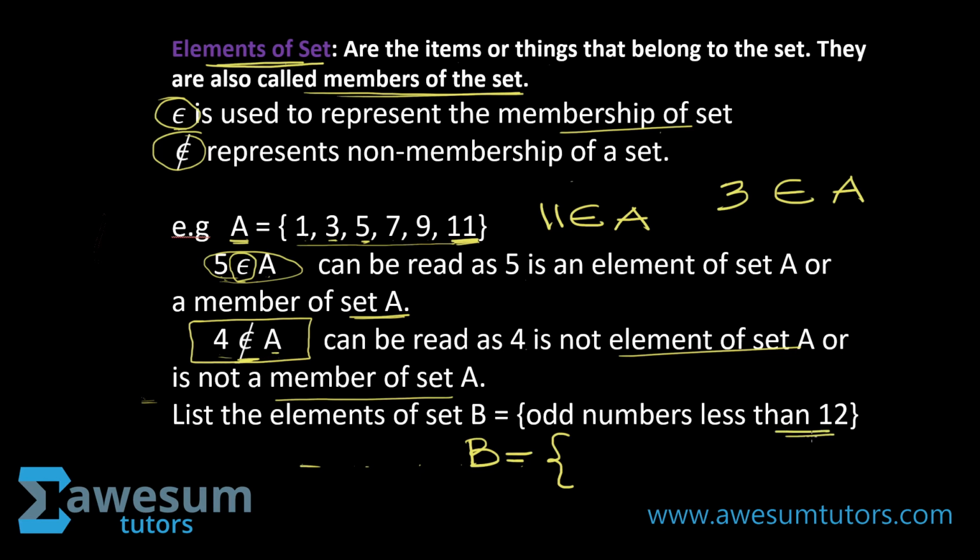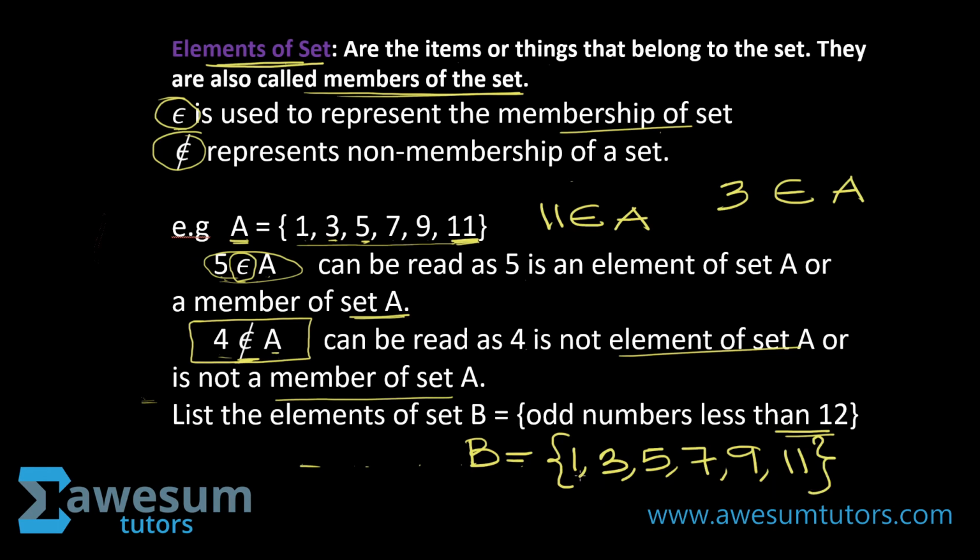They are numbers that when you divide by 2 are going to have a remainder. So since they say it's less than 12, I will start from 1, 3. Remember, you need to separate by commas. 5, 7, 9, and 11. Because it says less than 12, we are going to stop at 11. Then you close it with the closing curly bracket.